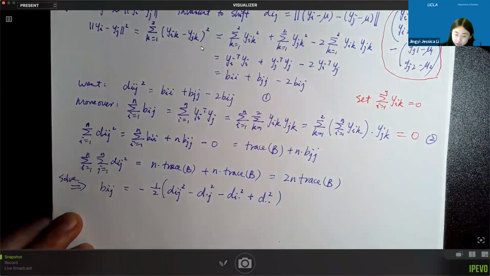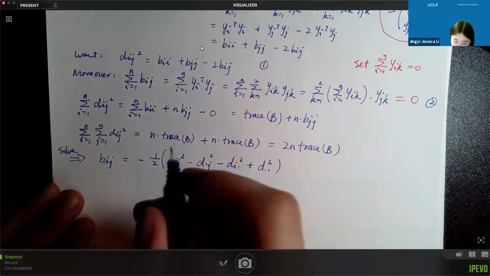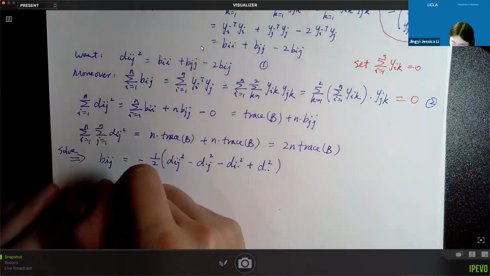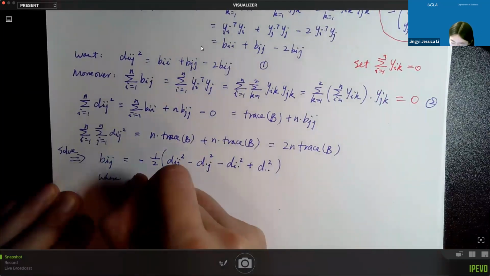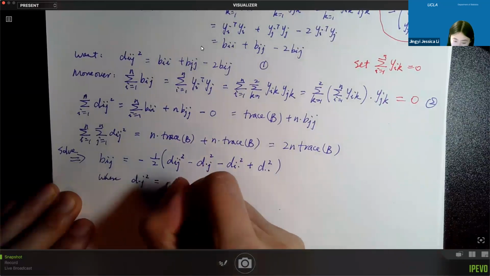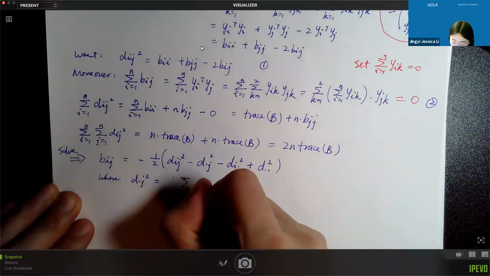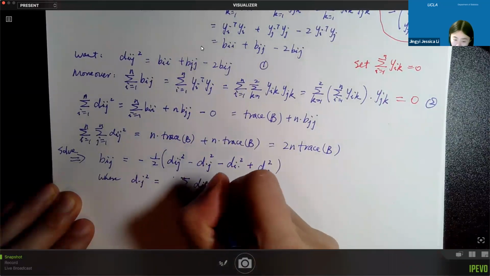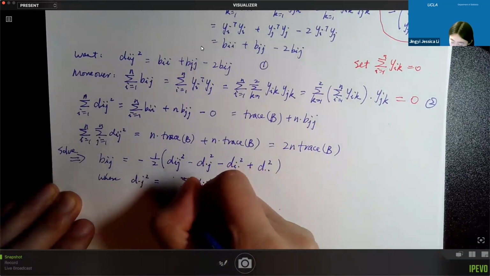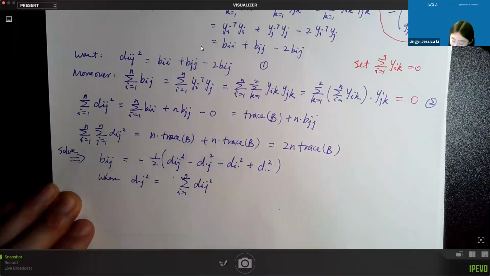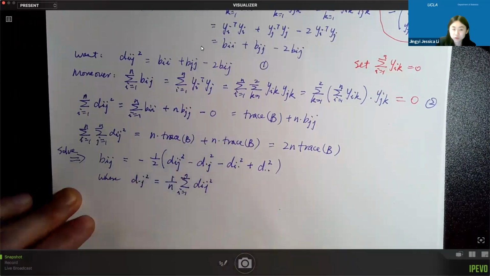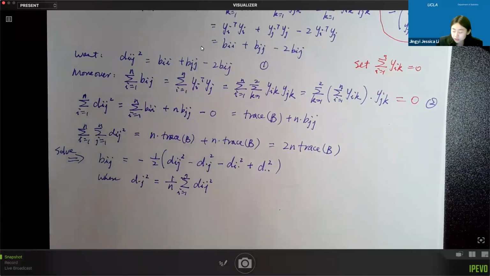So what are each of these? d dot j squared is equal to the average of dij squared, where I let i go from 1 to n but keep j, and I divide that by n. So I'm taking the average of dij squared across i.